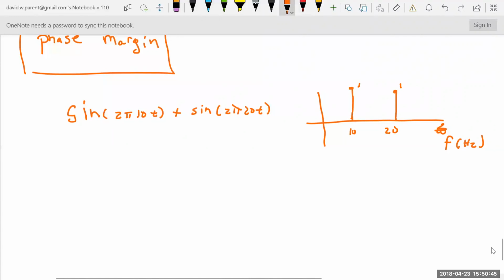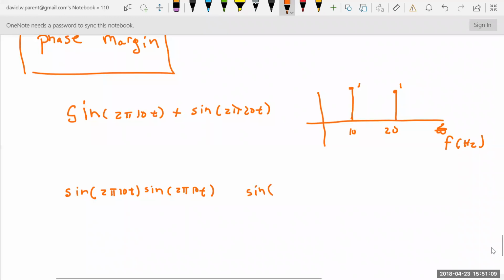Now, this one, it might have tricked you for a little bit anyway. All right, so sine 2 pi 10t times sine 2 pi 10t is really what?